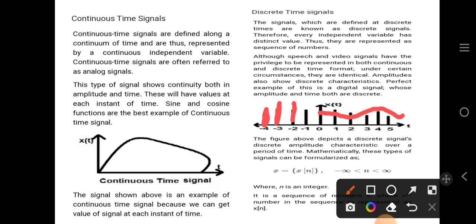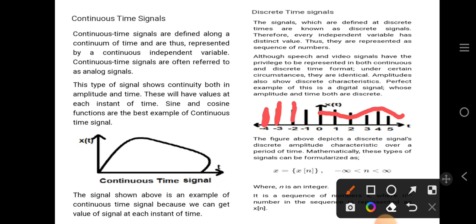Although speech and video signals can be represented in both continuous and discrete time format, under certain circumstances they are identical. Amplitudes show discrete characteristics. A perfect example of this is a digital signal whose amplitude and time are both discrete. So this figure shows the discrete time signal. Here just remember two concepts.